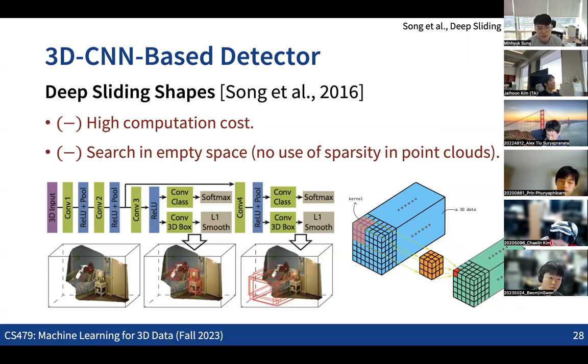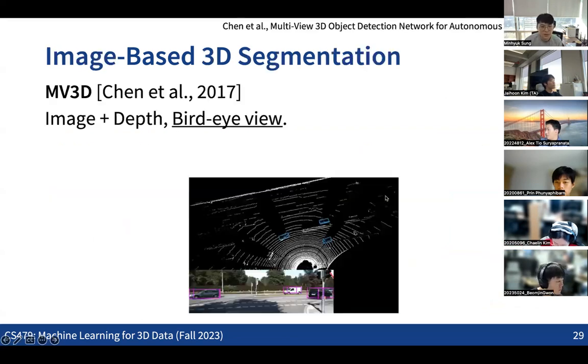That's why we discussed the idea of making a PointNet kind of architecture that can directly process point cloud representations. The other way around is not to use a 3D convolutional neural network, but to use image-based ideas.